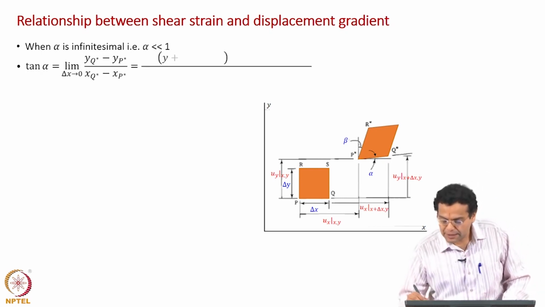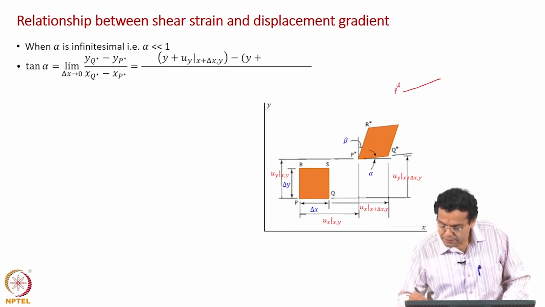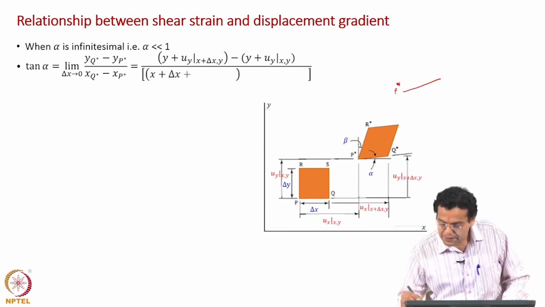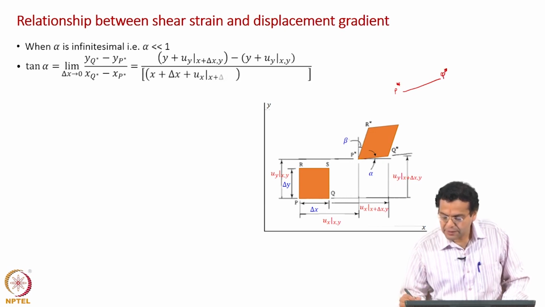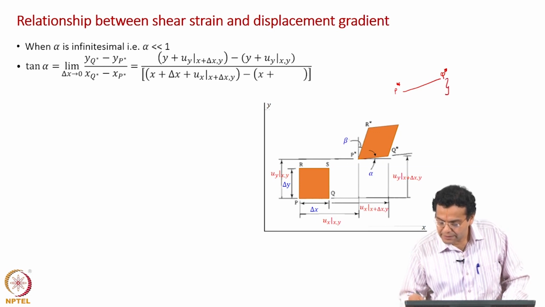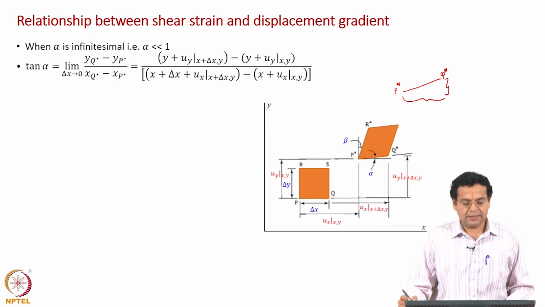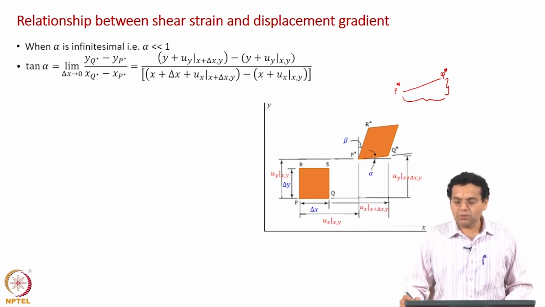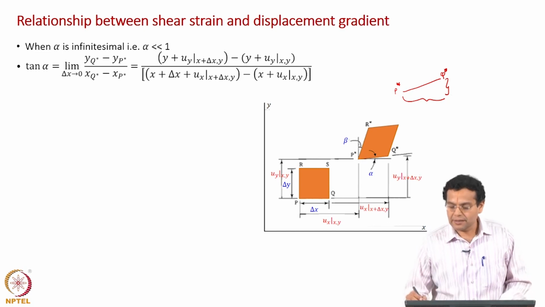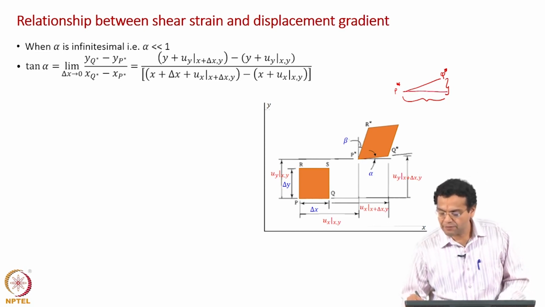So, let me draw that, P star and then Q star. Okay. So, this length by this length, opposite side by adjacent side. How do you write it? Difference in y coordinate by difference in x coordinate. Very well known to us, tan alpha, and this is our alpha, this is our alpha.